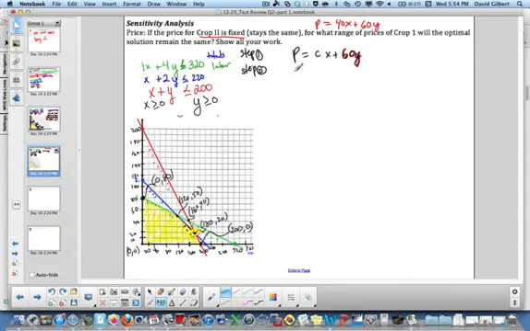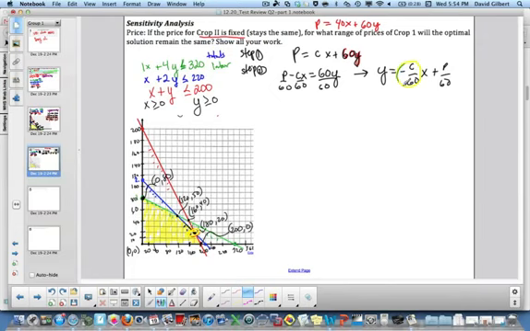So I subtract cx from each side and get P minus cx equals 60y. To get the slope, I divide by 60, and that gives me y equals negative c over 60 x plus P over 60. So my slope is negative c over 60.